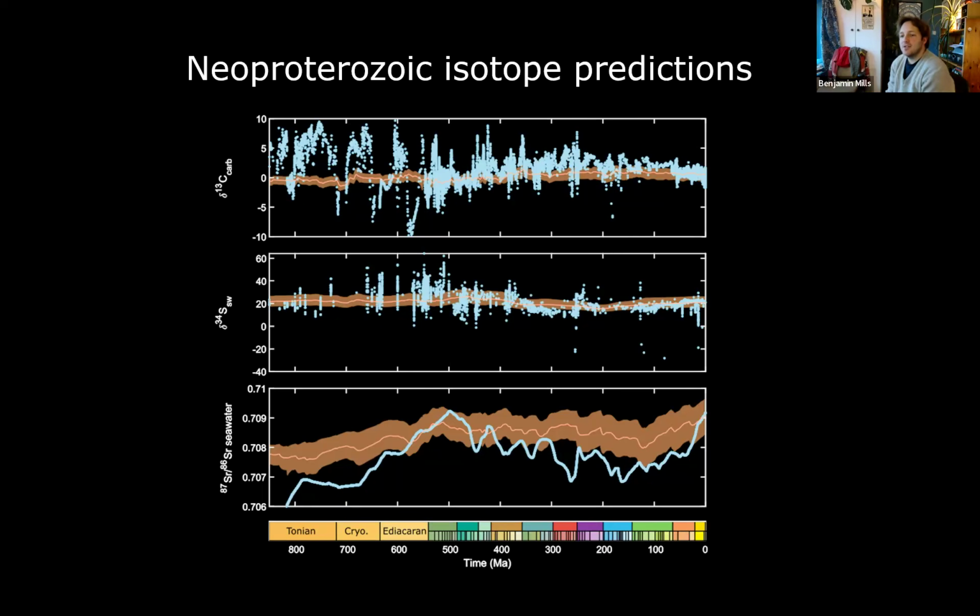And also the isotopes have two parts, right? You've got seawater and, well, the pyrite is kind of all over the place. And then there's also this coupling that people talk about between the carbon and sulfur systems in the Phanerozoic, but more decoupled in the Precambrian.